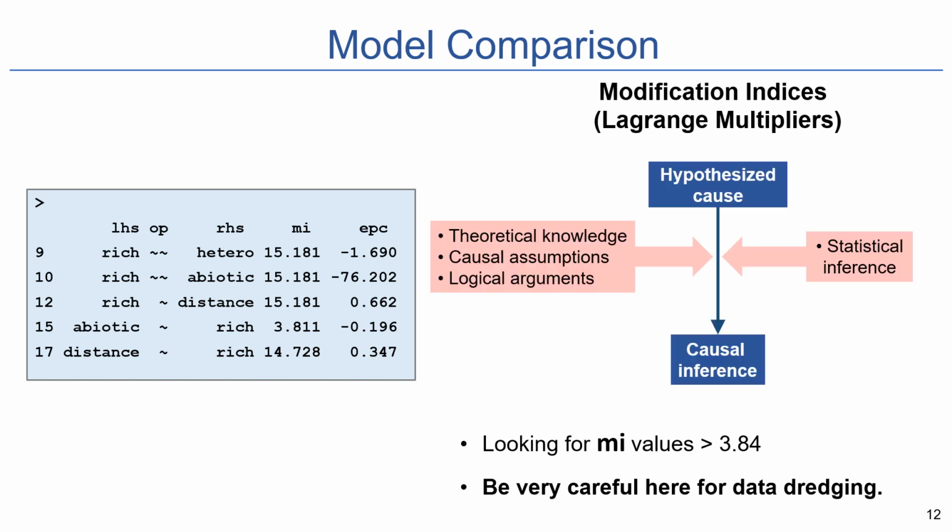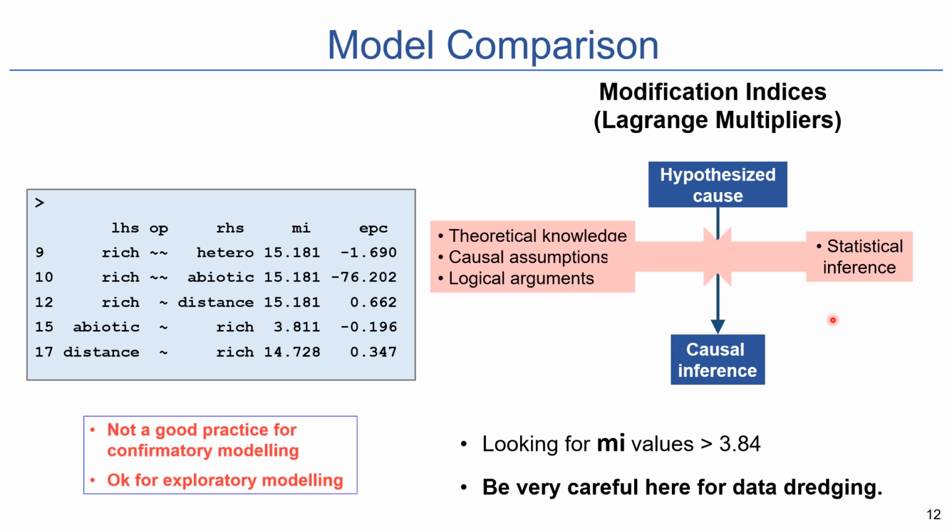This is because, as you remember from the beginning of this lecture, I mentioned that the selection of the models, or the choice of which links are present in a model, is a balance between the theoretical knowledge that we have and statistical evidence. So we cannot rely 100% only on statistical inferences.